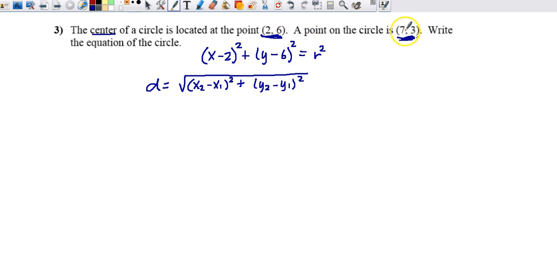So if I place my x's in the distance formula, x's are going to be 7. Here I'll put x1, x2, y1, y2. So if I plug these into the formula, my radius will be the square root of 7 minus 2 squared plus 3 minus 6 squared.